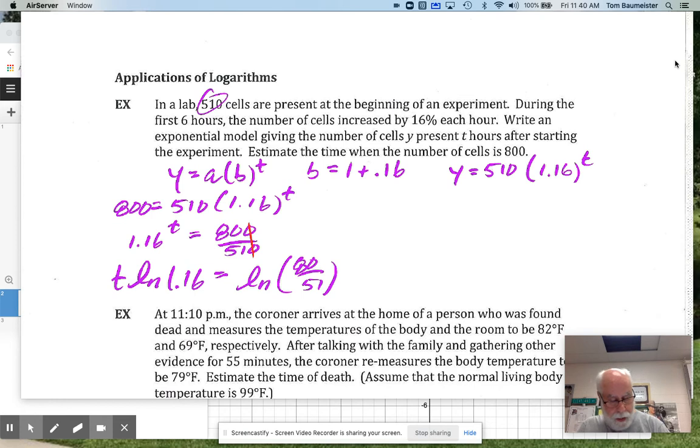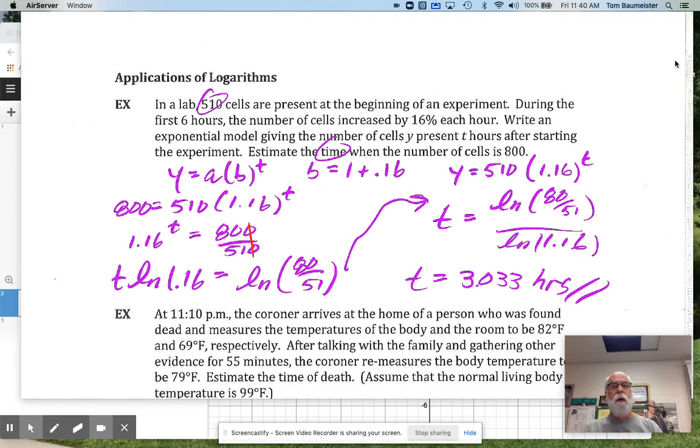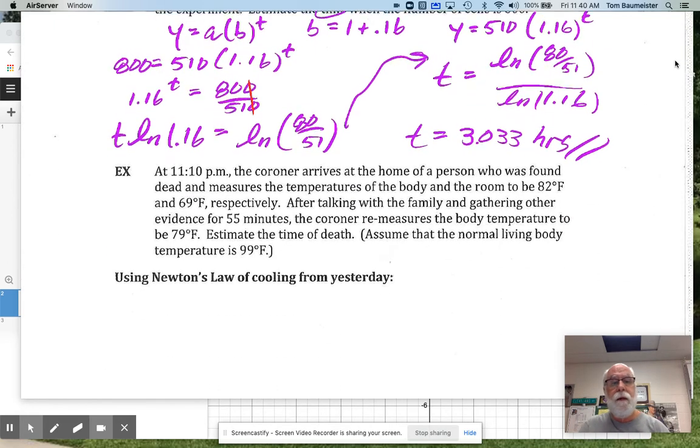And then to get t by itself, you're going to divide the natural log of 80 over 51 by the natural log of 1.16. All right? And then, so our time, when you look at it, it'll say the time is equal to 3.033. And let's see, it was hours that we were, which was our units. Okay, so that's it right there.